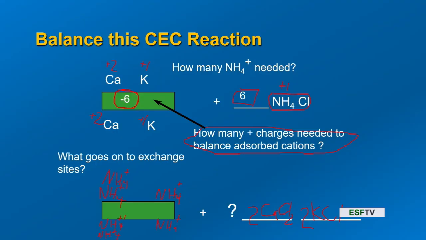I first balanced the charge. Right? I then replace with the appropriate number of cations, and then I make sure that the cations coming off are balanced out here. So let's see, there's 2 calciums, yep. There's 4, 6 chlorides, yep, there's 2 potassiums. So this is now balanced. So that's the way to balance the reaction.